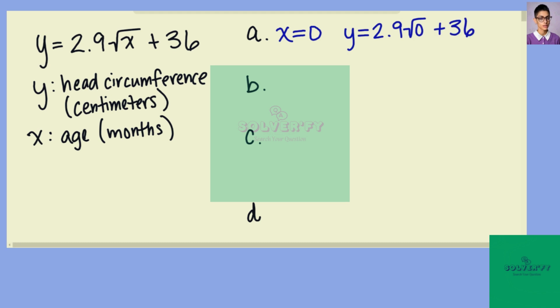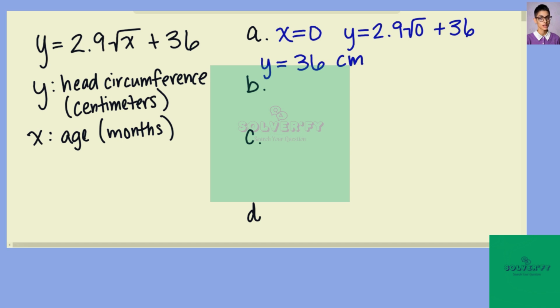The square root of 0 is simply 0. 2.9 times 0 is also 0. Therefore, the circumference, or y, would be 36. And since y represents the head circumference in centimeters, we would answer prompt A with 36 centimeters. That is the head circumference at birth.